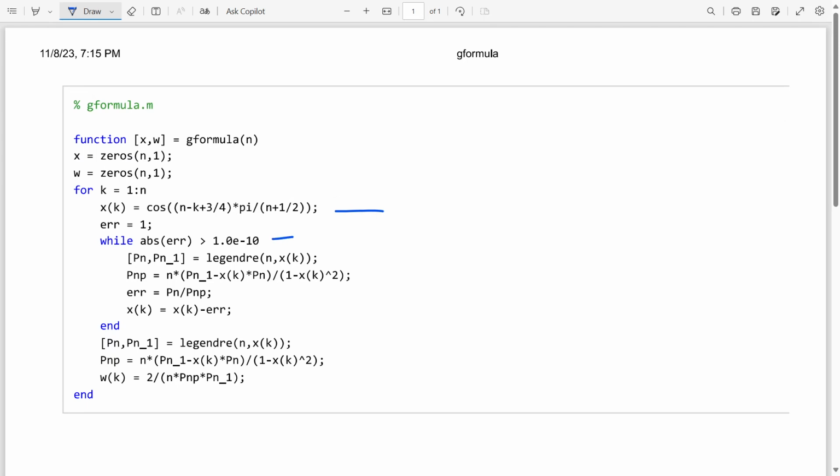There, it invokes that Legendre function to get P_n(x) and P_{n-1}(x), and uses the second recurrence relation to get P_n'(x). Now we can compute the Newton-Raphson error estimate and update the root. When the error is small enough, we can kick out of the loop and then get P_{n-1}(x_k) and P_n'(x_k), so that we can compute the kth weight.